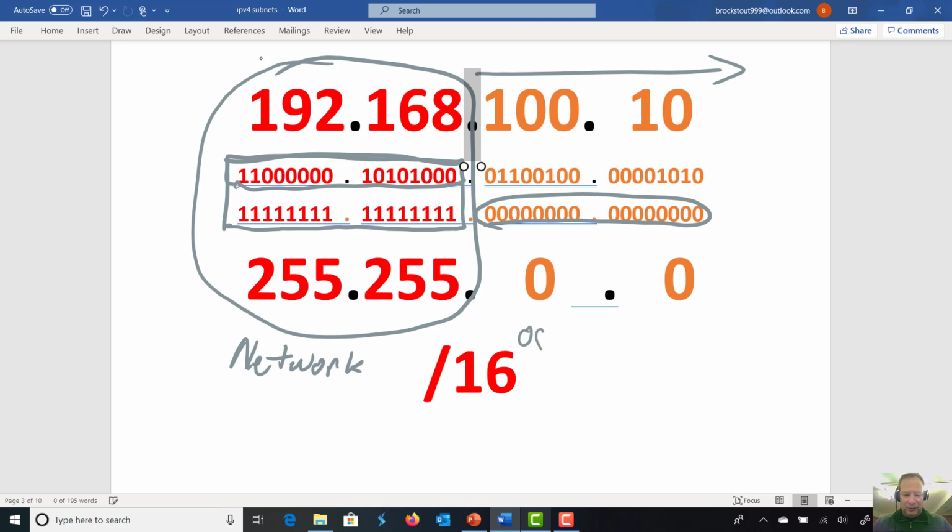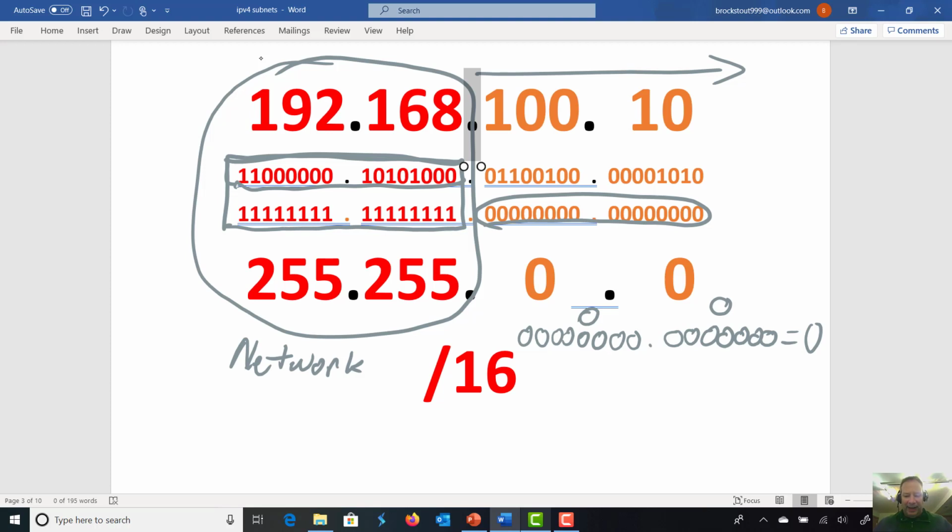That would be 8 zeros, dot, 8 zeros again, which is going to equal our lowest possible value of 192.168.0.0, because the 8 zeros here is going to be 0, and 8 zeros here is going to be 0. And so 192.168.0.0 is going to be the lowest possible address in this particular network.